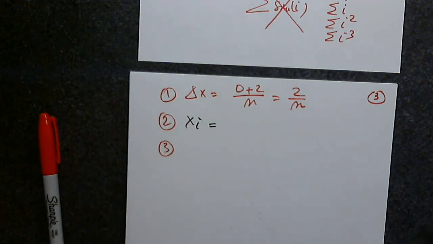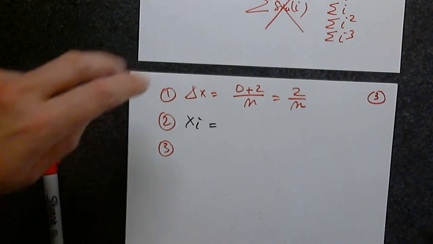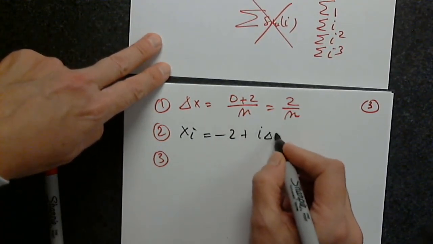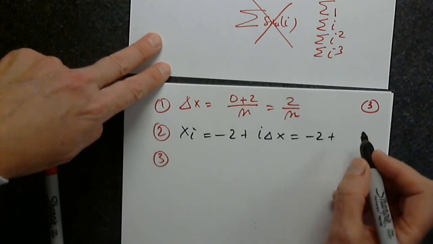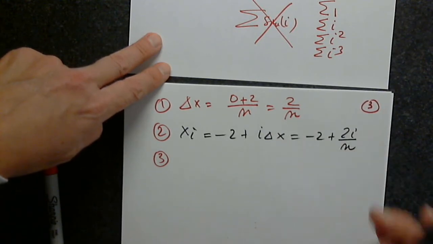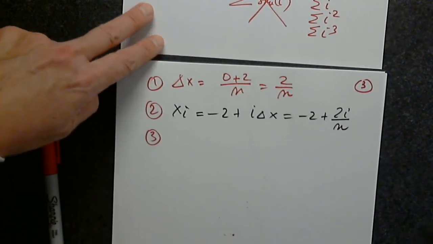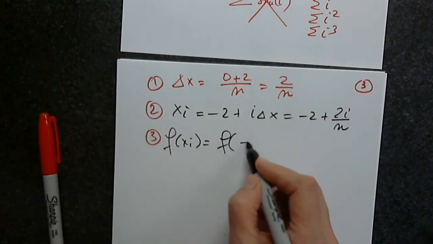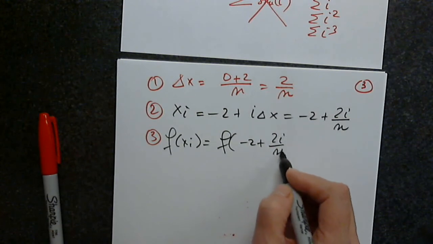So how do I determine xi? Yes, negative 2 plus i delta x. Excellent. Negative 2 plus 2i over n. And now we have to find f of xi, which is f of negative 2 plus 2i over n.